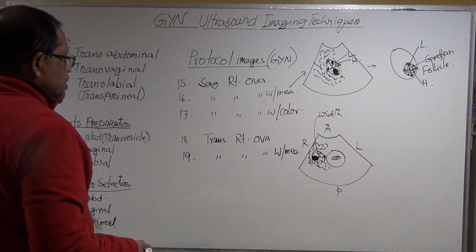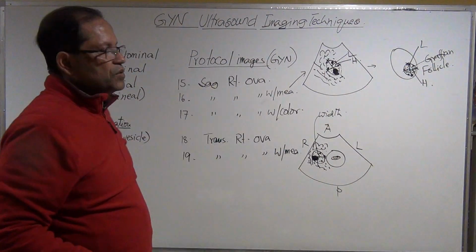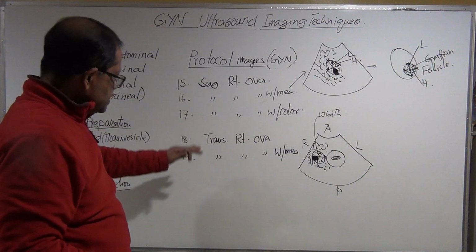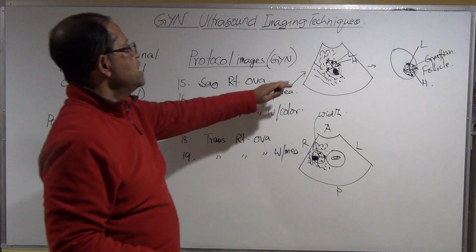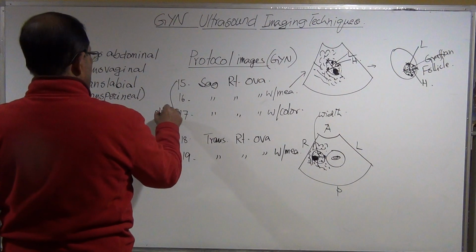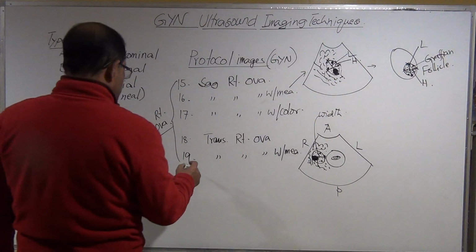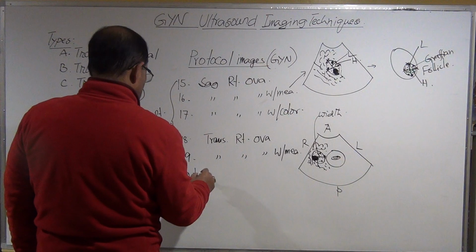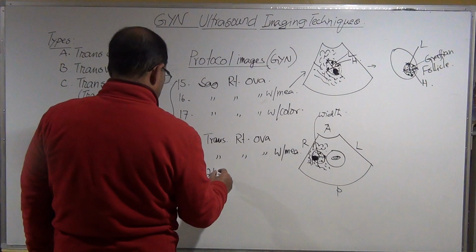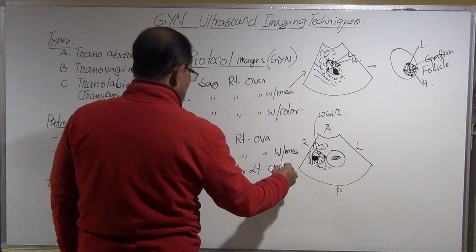So in transverse, 2 images. In sagittal with the color, we call it 3 images. So this is 5 images for the right ovary, and the same 5 images for the left ovary, numbered 20, 21, 22, 23, 24 for the left ovary.